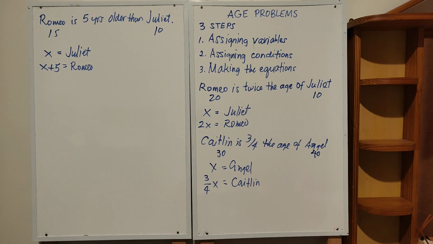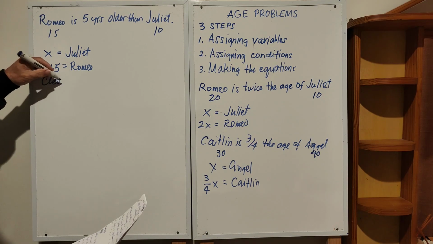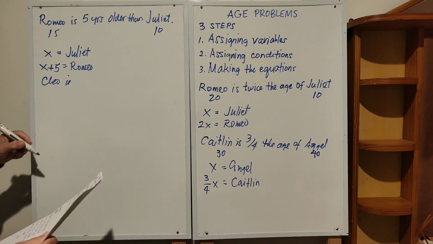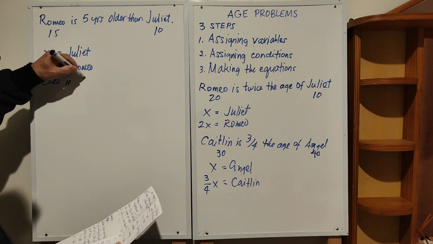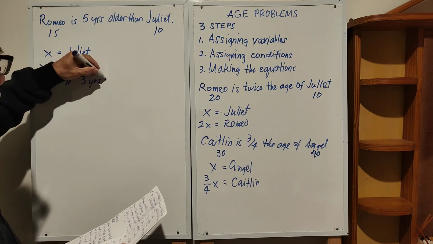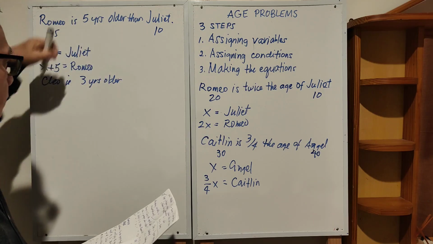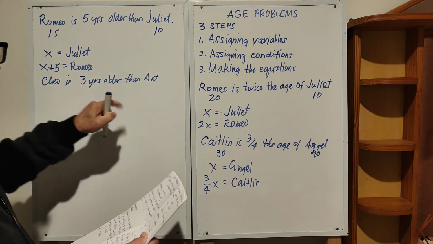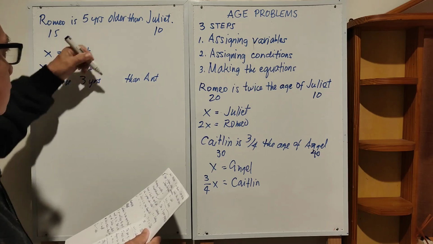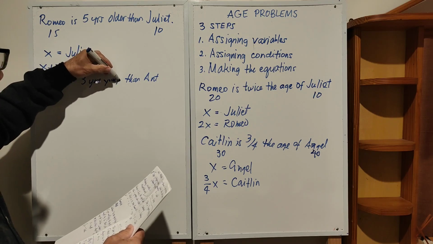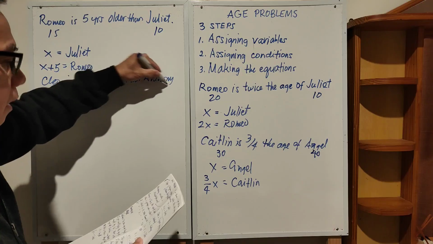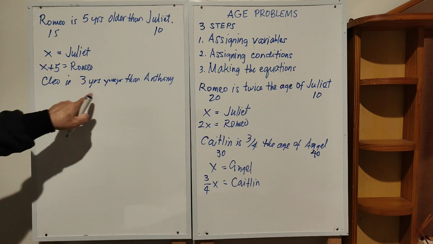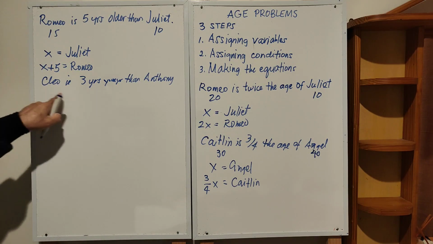In the same way, for example, if Cleo is 3 years younger than Anthony, so who is older?